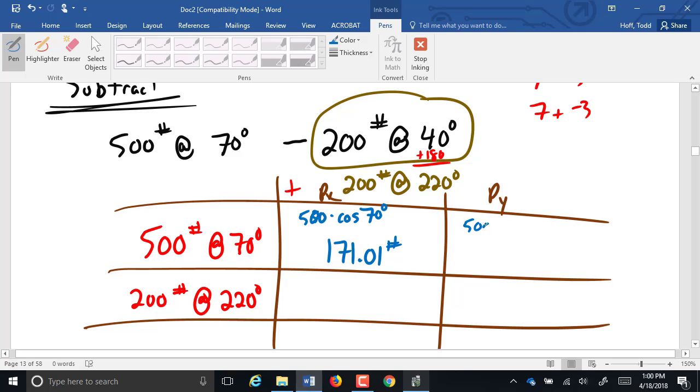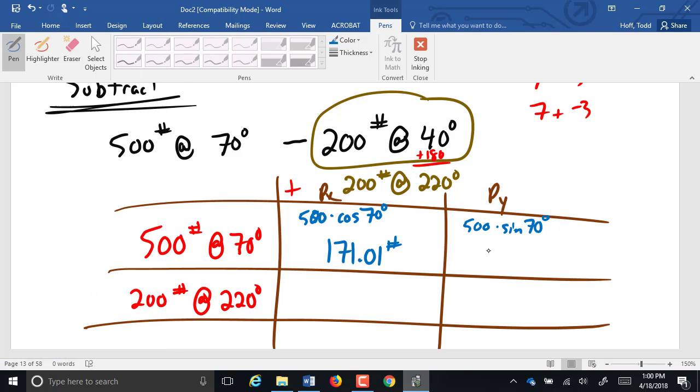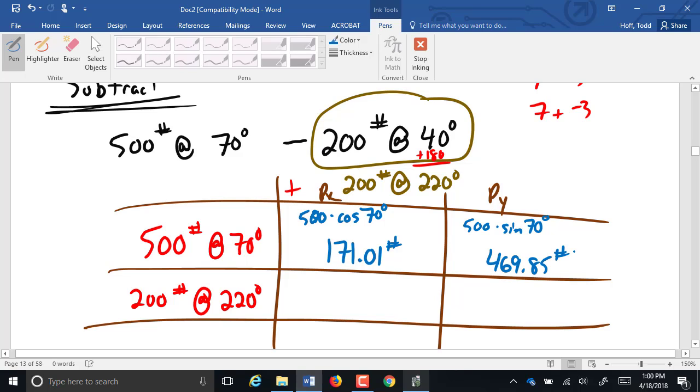Py is 500 times sine of 70 degrees, which is 469.85 pounds. Any questions so far?